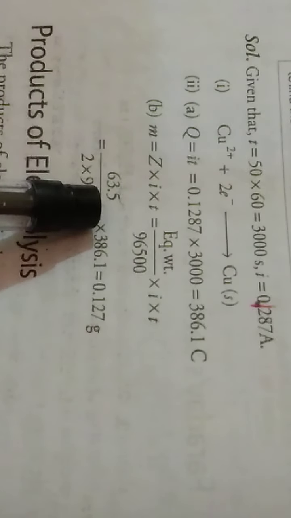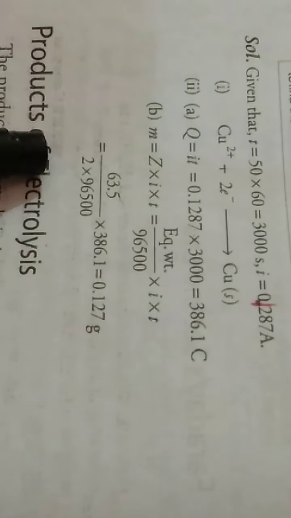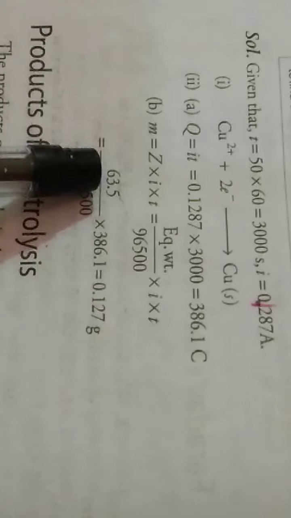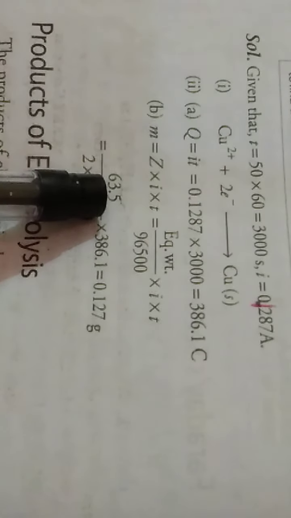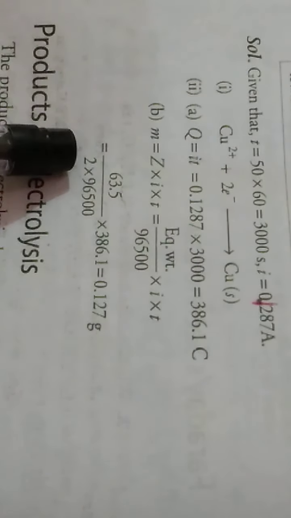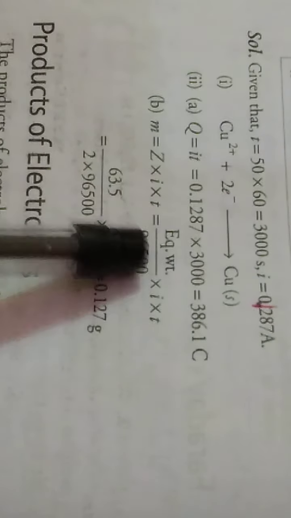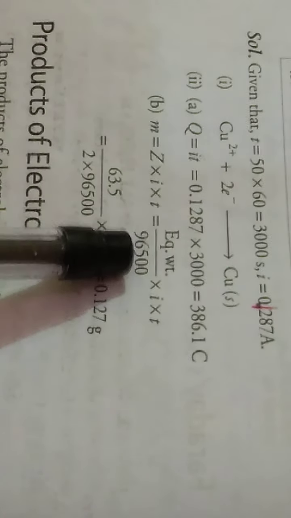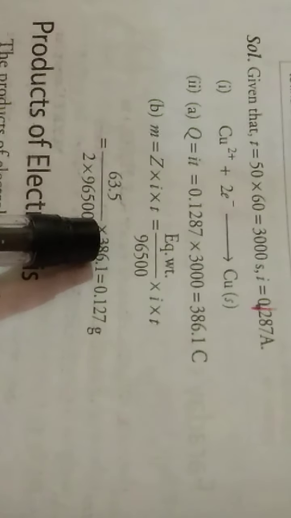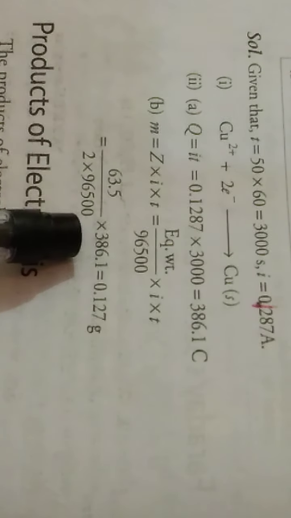So of copper, the atomic mass is 63.5 and the charge on copper is 2. So equivalent weight will be 63.5, that is atomic mass, divided by the valency or the charge, 2, divided by Faraday's constant, 96500.